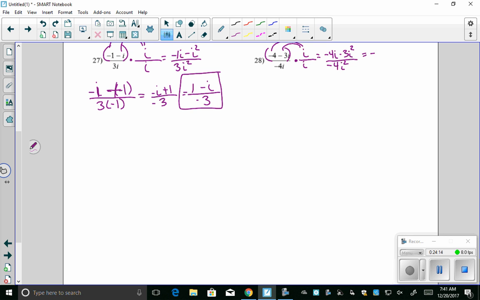Substitute it in. Negative 4i minus 3 times negative 1 over 4 times negative 1. So that you get negative 4i plus 3 over 4. Real number comes first, so it's 3 minus 4i divided by 4.